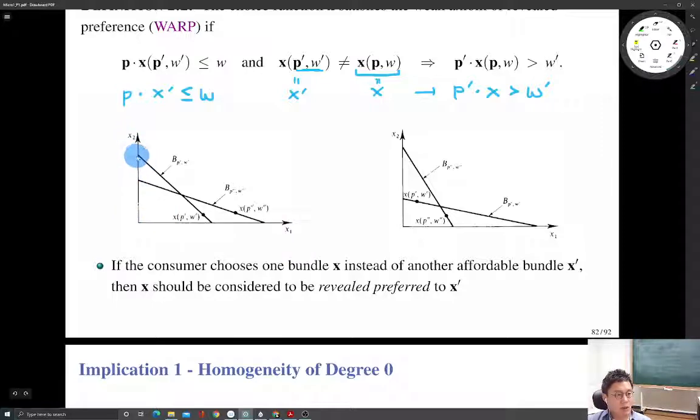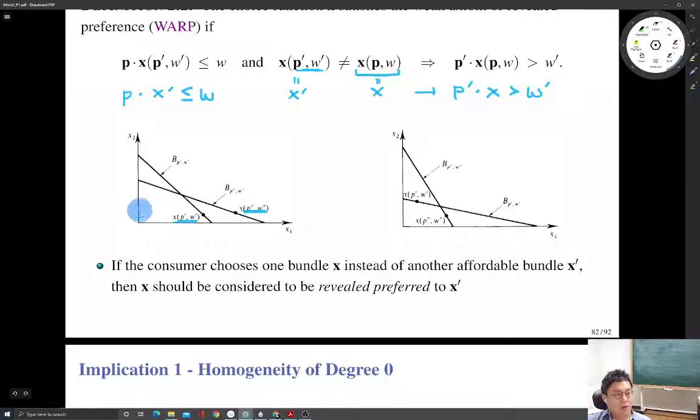We have two budget sets, this one and the new budget set. Under the previous budget set, we observed that the consumer chose this bundle. And under the new budget set, we observed that the consumer chose this bundle.